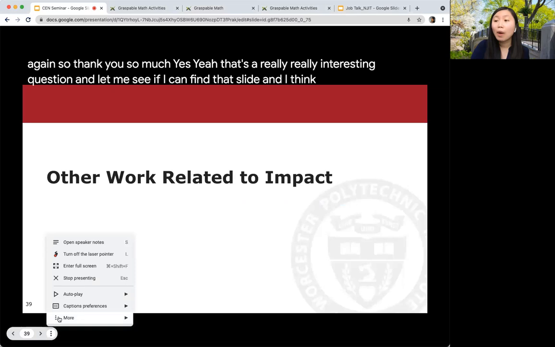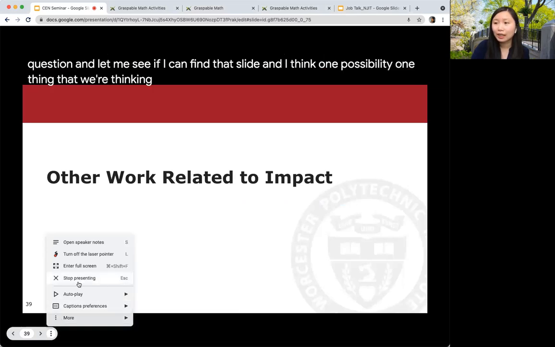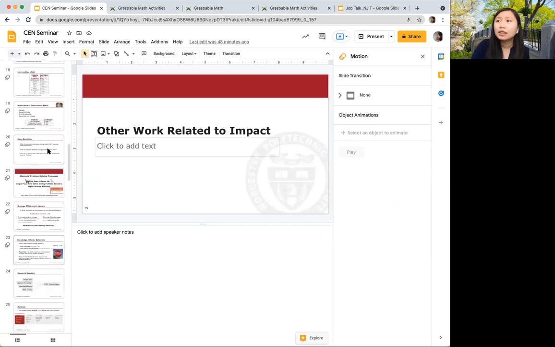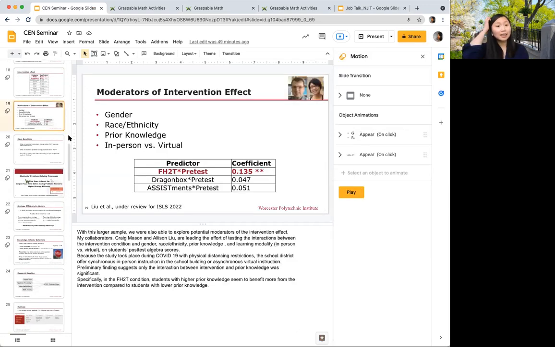I think one possibility, one thing that we're thinking is that, let me see. Yes, here. One possibility is that in From Here to There, we ground the gesture actions and transformations directly in the algebraic notation. So we use abstract notations from the beginning. And we think that in the game, students are really encouraged to solve problems more flexibly and efficiently.